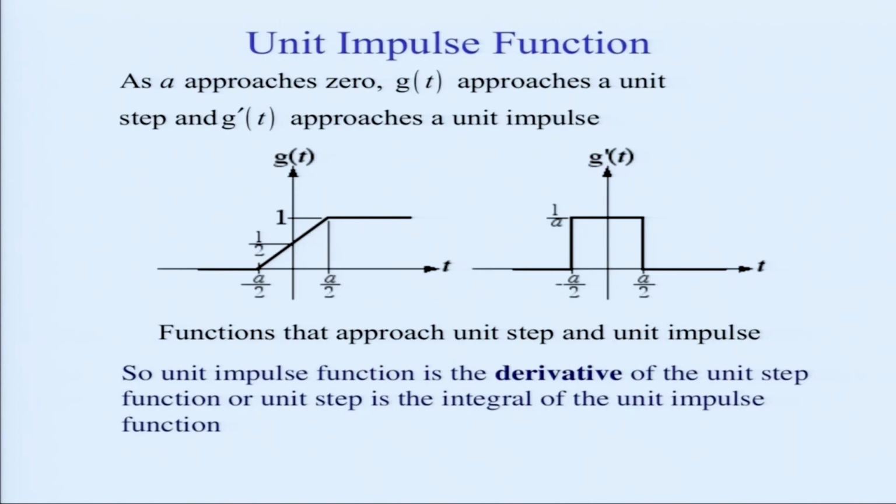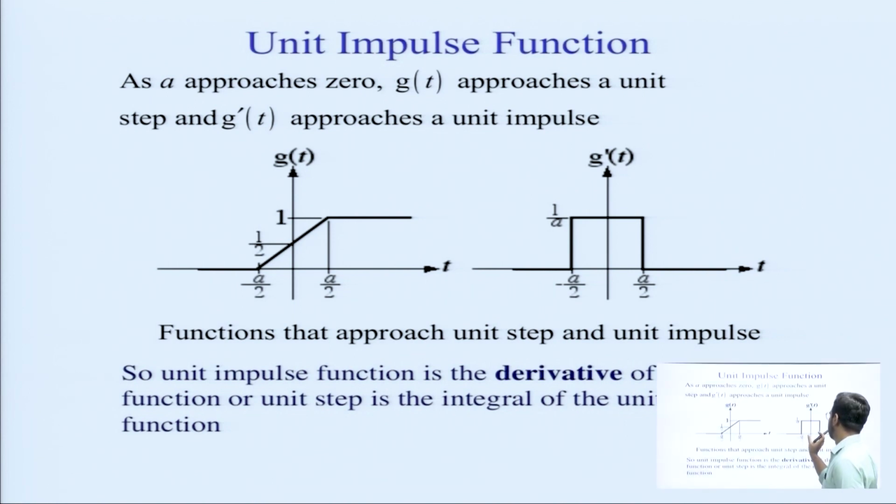Now, we are coming to the next signal, that is the unit impulse. What is the difference between the rectangular and the unit impulse? See, in the rectangular signal, if we try to squeeze this time duration to a smaller duration, then we can say that this signal is the impulse signal.